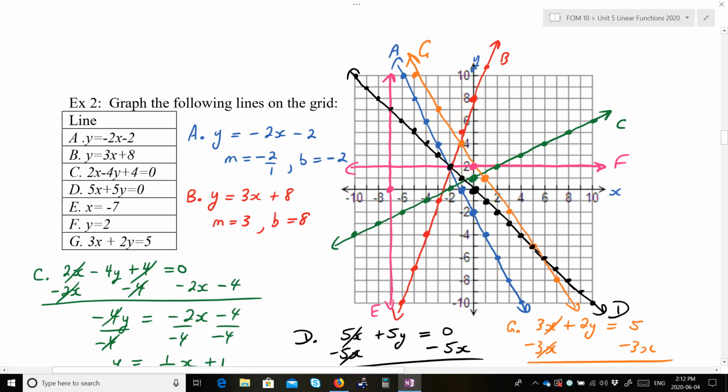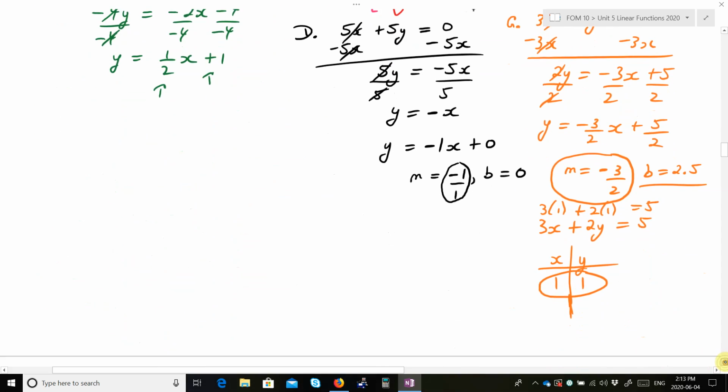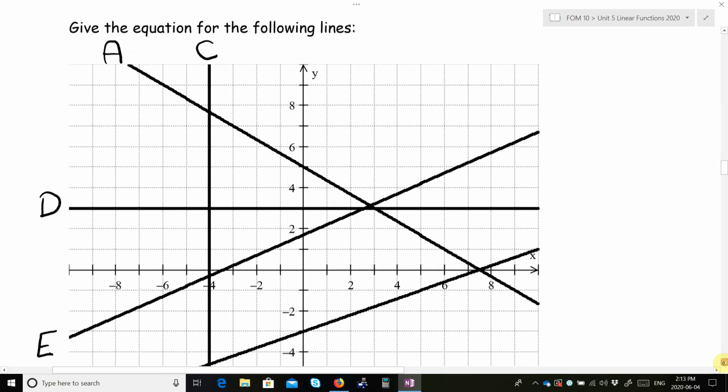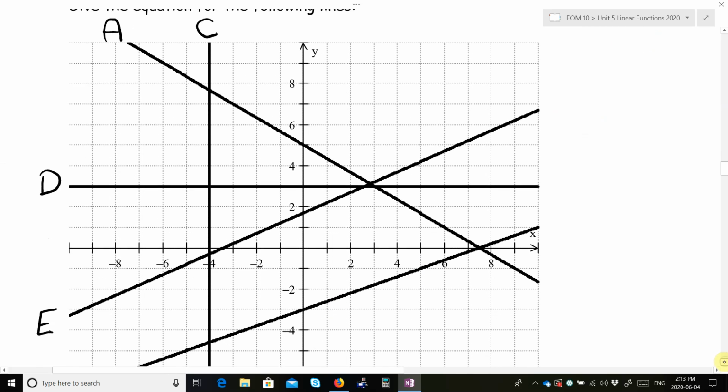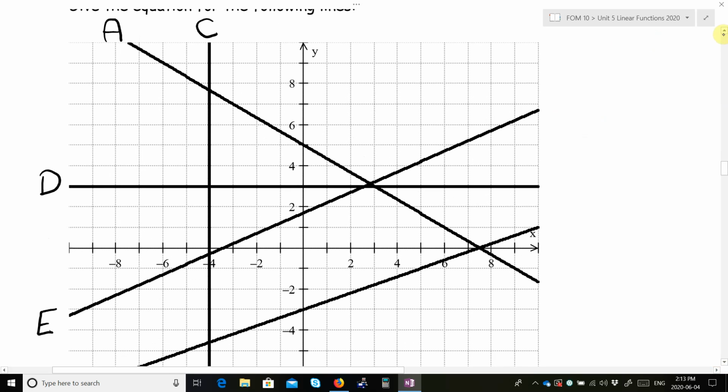And there's letter G. All right, there you go, everybody. And this example here is just working backwards. You just find the y-intercept and then find the slope and write it in y equals mx plus b form.